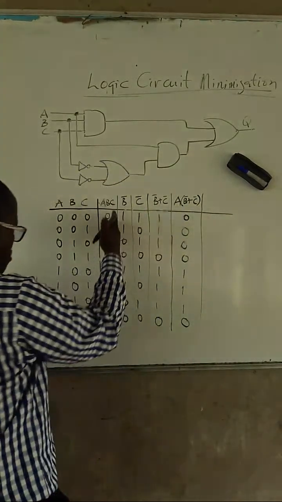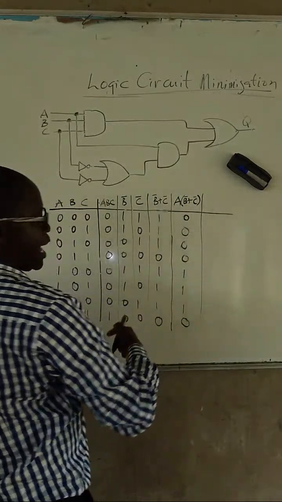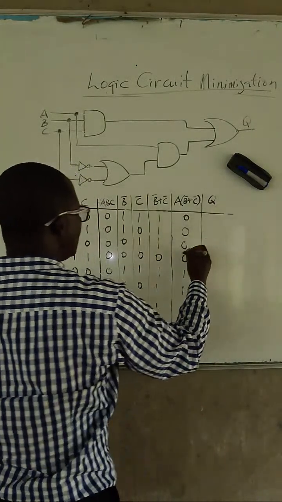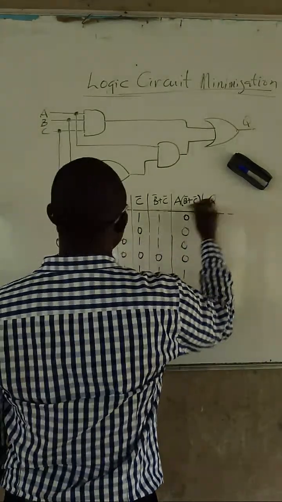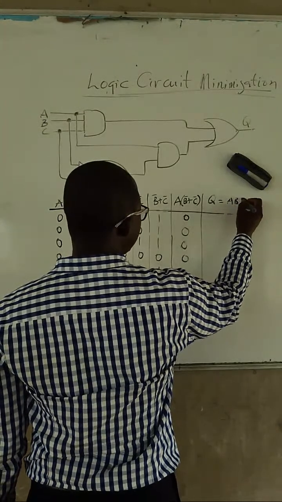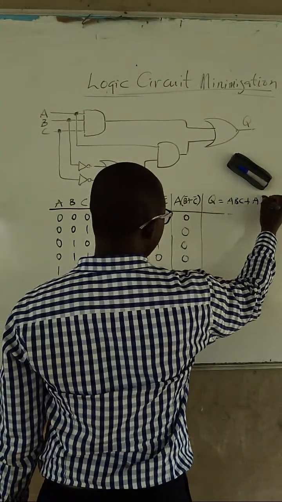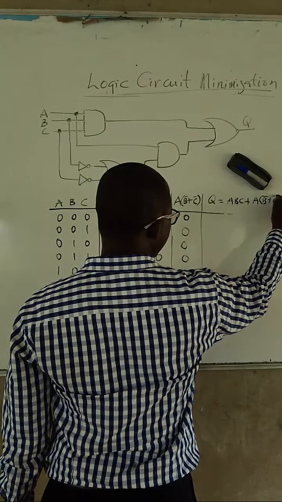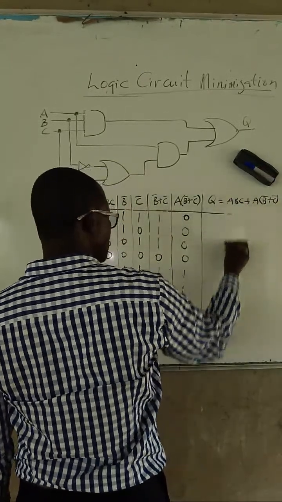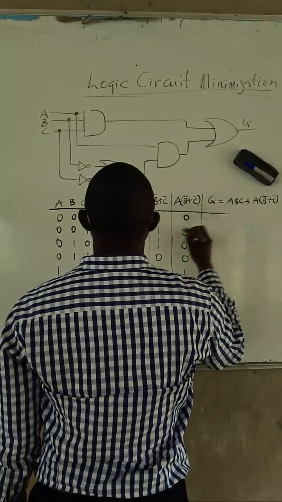So look at this column and do an OR to get the final output Q. Okay, that is Q equals ABC plus A into B bar plus C bar. I don't know whether you can see this portion clearly, but don't worry, this is just Q.